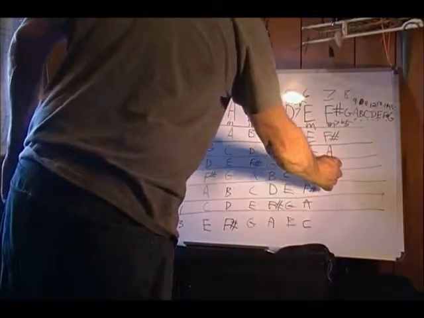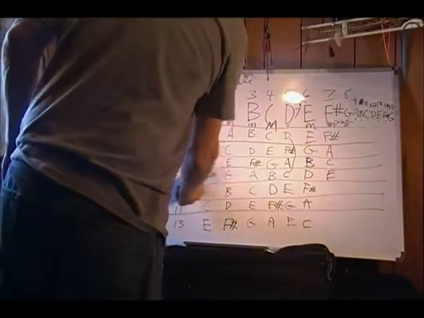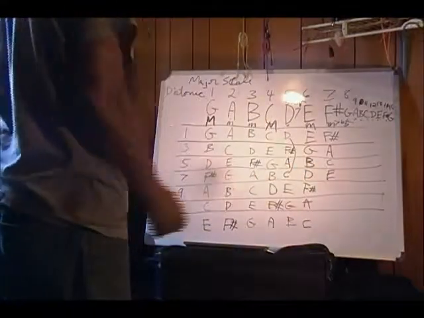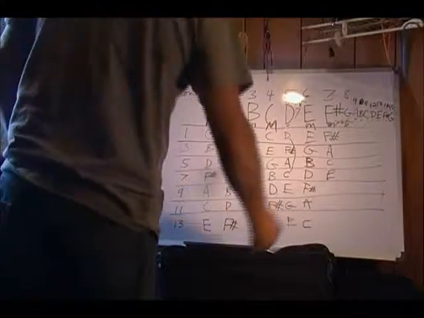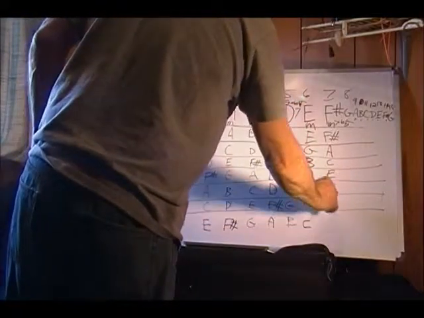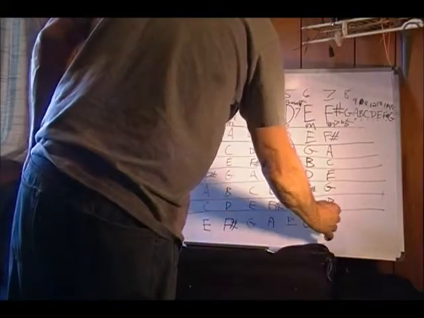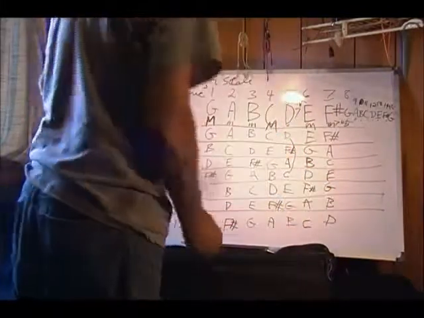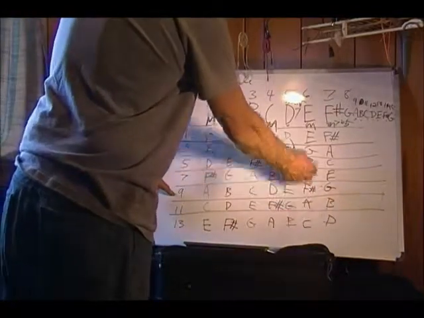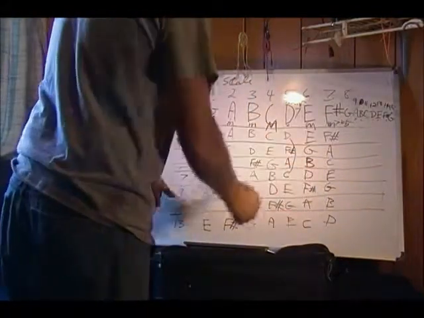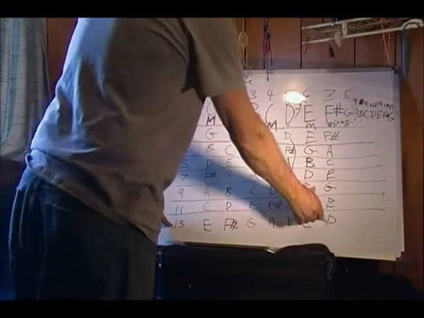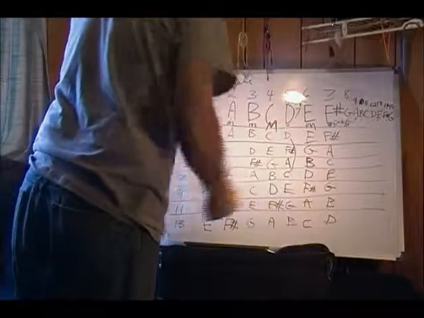What note is that? Well, if we follow this progression on the 7th line, it just goes A, B, C, D, E. Pretty simple. If we keep following that, E, F sharp, after that is G, A, B, C, D. So this note is the 9th away from F sharp, that's the 11th away from F sharp, and this is the 13th away from F sharp.